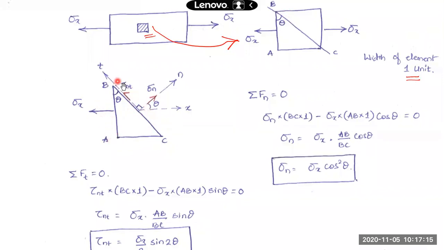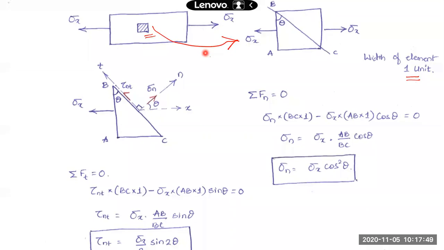It should not be set in motion in any direction, so the summation of forces has to be 0 in all directions. If I take the summation of forces along the normal and tangential directions, it should come out to 0. This is the condition of equilibrium I'm evaluating. Please tell me, up to this point, are you able to understand?